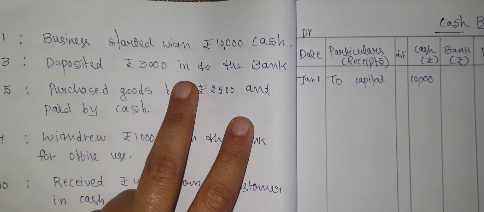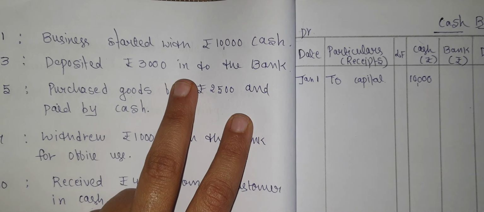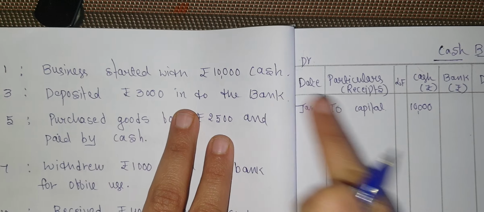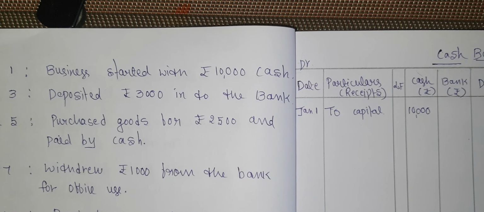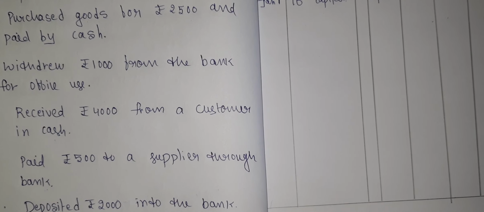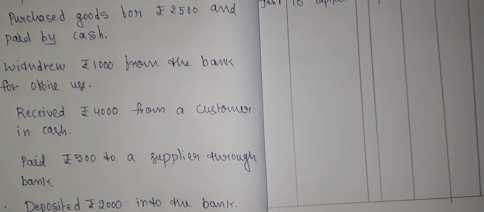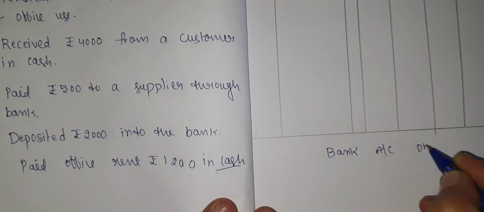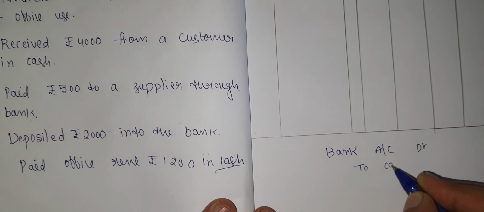Now the question will arise: how do we enter this contra entry in the double column cash book? Listen very carefully. The entry is bank account debtor to cash account.